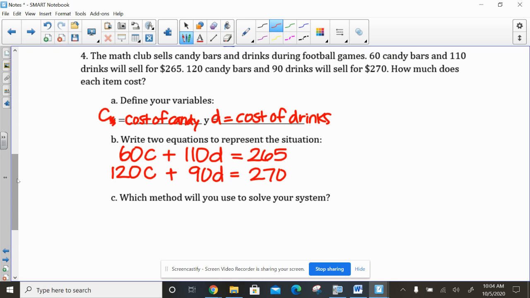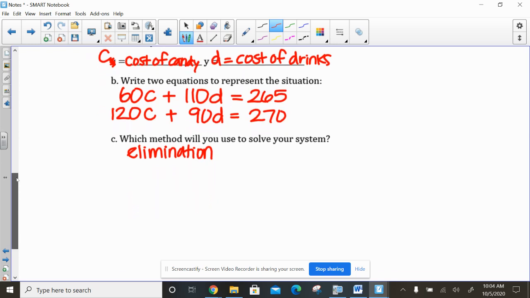Since everything is nicely lined up, I am going to use elimination. I think the C is going to be the easiest to figure out how to cancel. If I make it a negative 120, it will cancel with the positive 120. So I will be multiplying the top equation by negative 2. And I'm just going to copy down the other one.